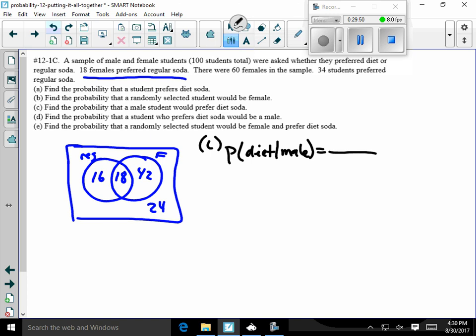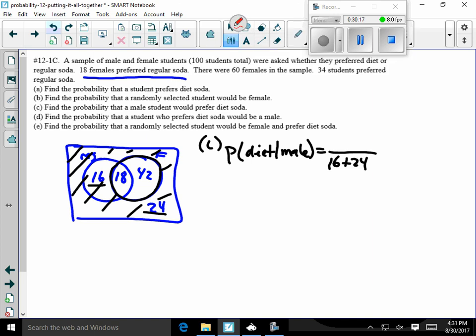So males are everything outside of this female circle. So I'm going to kind of shade it. It's this part out here, right? And so that means that I need to include the 16 and the 24. So 16 and 24 is the total number of students that are males because they're outside of the female circle.